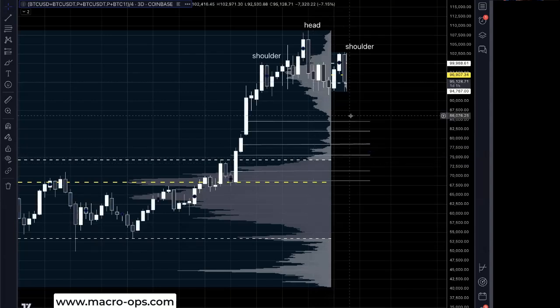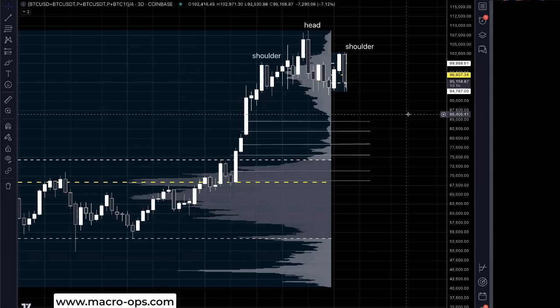But let's take a look at what we got here. This histogram on the right-hand side of the chart that expands to the left, with the dotted lines and everything, is called volume profile. Volume profile measures the amount of volume of an asset traded at a key level.